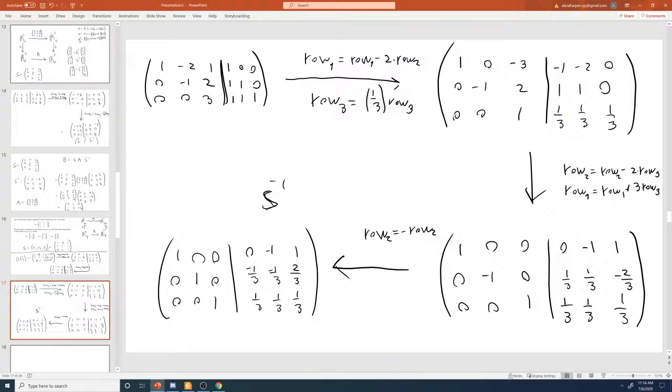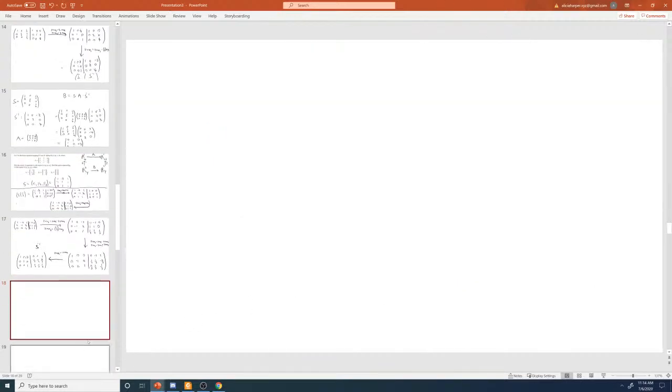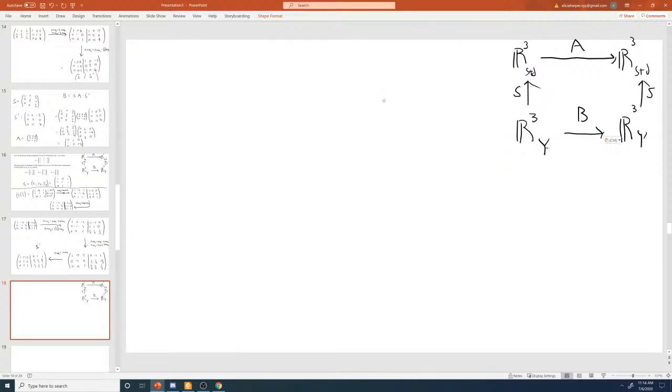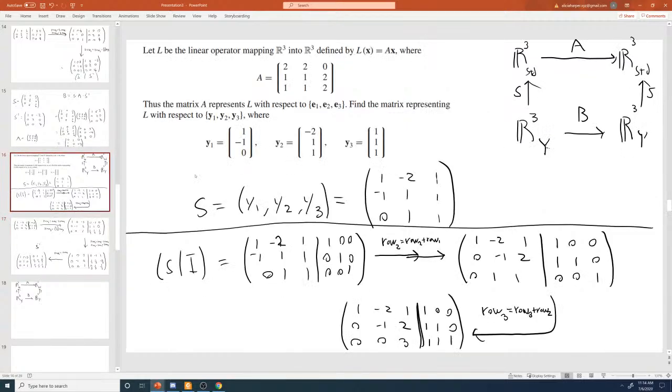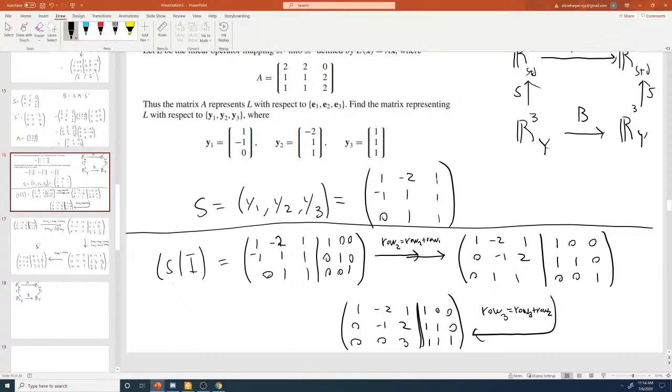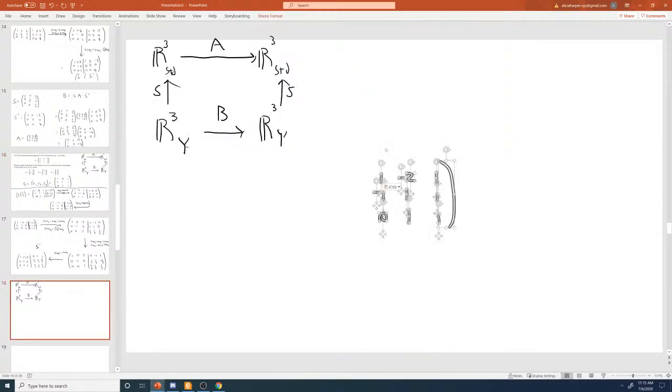Now I can take all the data I have and I can assemble it. So I have this diagram to begin with. So I'm going to take that, move it to a new slide. I'm going to take what I know about S and A. So I know my S, which is this.